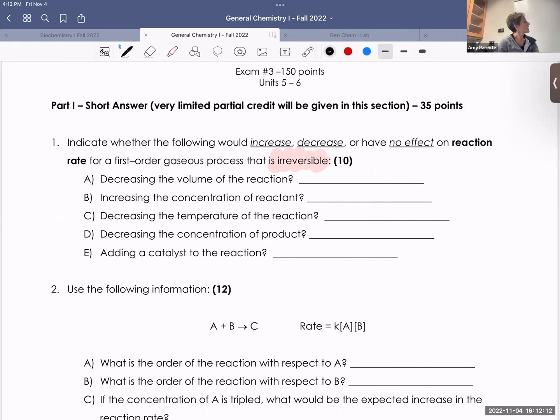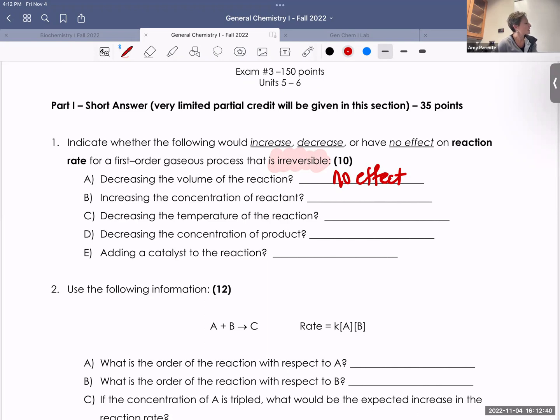So when we talk about decreasing the volume of the reaction, that's really not going to necessarily have any effect on reaction rate, or at least for what you guys have learned about. When we talked about changing volume of the reaction, that had to do with equilibria, where we could favor one side or the other. We really didn't talk about changing the volume of the reaction having any effect on reaction rate.